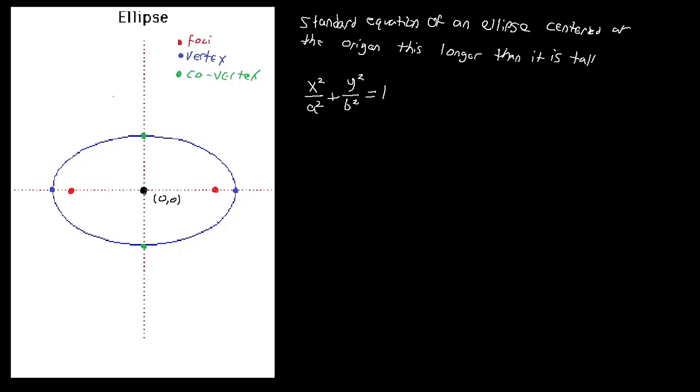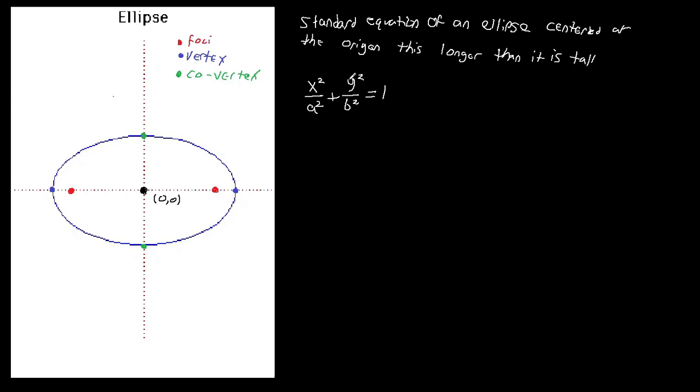So I want to start off with x and y. x and y are just the x and y coordinate of any point that defines this ellipse. For example, if I were to put a point here, its coordinates would be x and y.